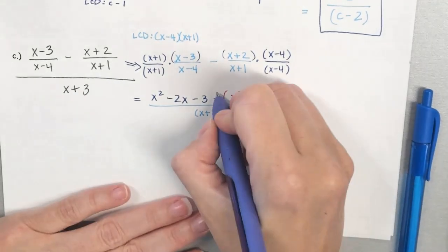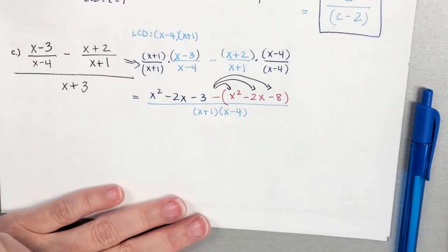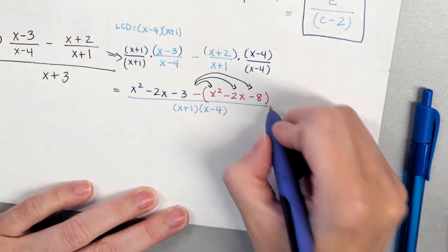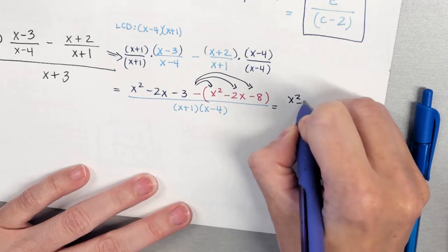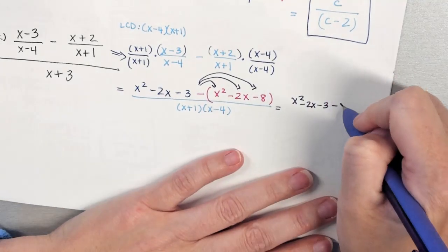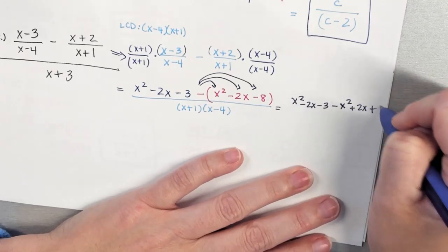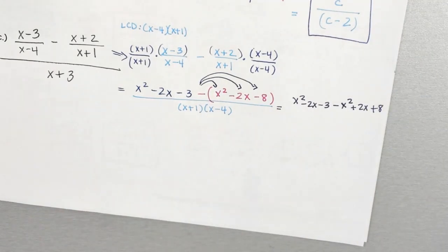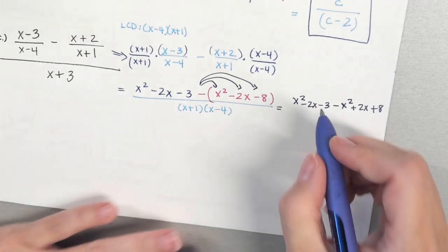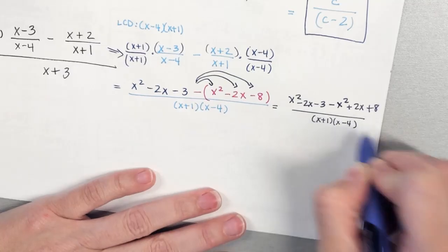All right, so again, do not forget to distribute. So you have x squared minus 2x minus 3 minus x squared plus 2x plus 8. Okay, and that's still over your LCD.